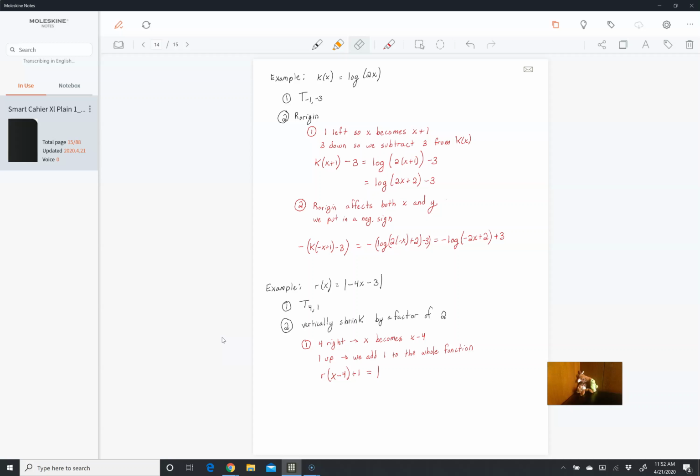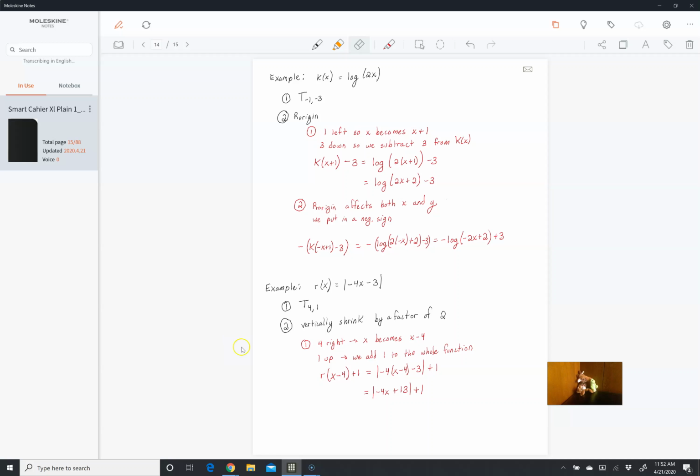So we have absolute value -4, I see an x, my x's get replaced with x minus 4. Then we have a -3, and we add 1 to the whole thing. Again, I would encourage you to simplify to get rid of as many parentheses as possible. We wind up with -4x plus 16 minus 3, so it becomes plus 13.